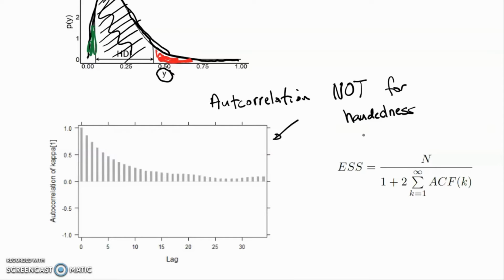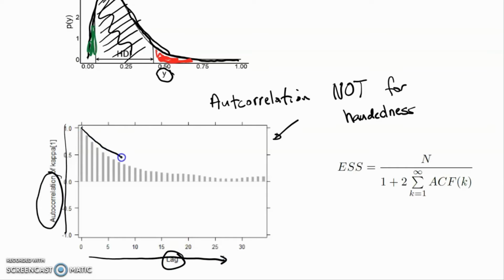But what we have on the vertical axis is autocorrelation, and on the horizontal axis is the lag period. And as we saw earlier, as the lag period increases, the amount of autocorrelation tends to go down.